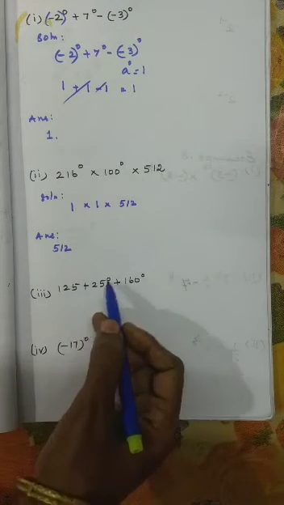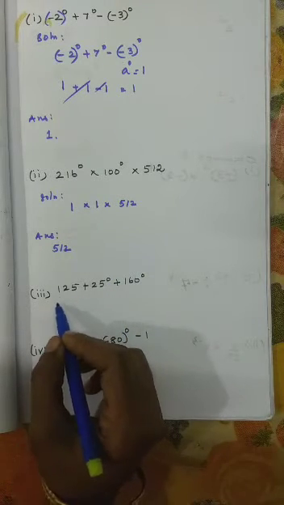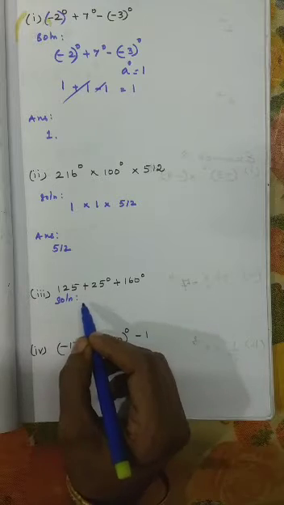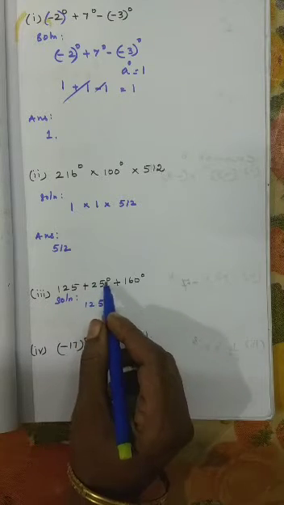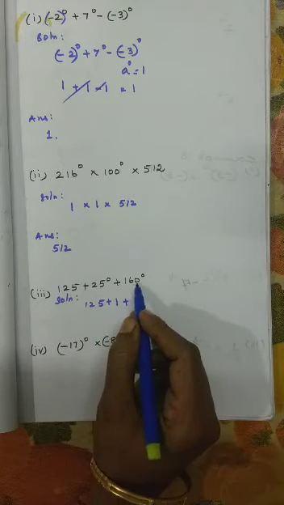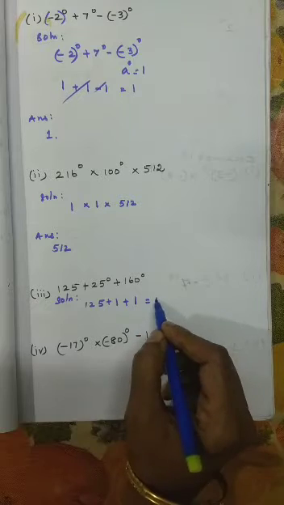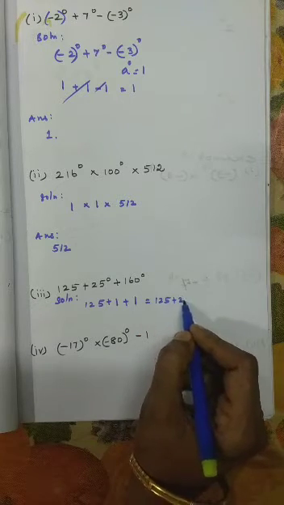125 plus 25 power 0 plus 160 power 0. Solution. Here 125. 25 power 0 is 1. Plus 160 power 0 is, yes, 1. So 125 plus 2.